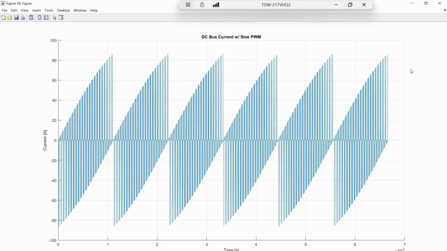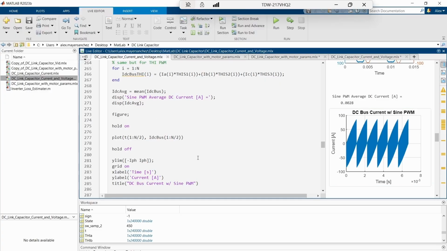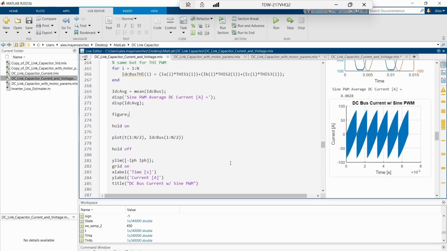The power is constantly swishing and swashing back and forth. Obviously in an ideal world there's no losses due to this, but if you have any sort of losses in this system, you're going to just be wasting power for no reason.